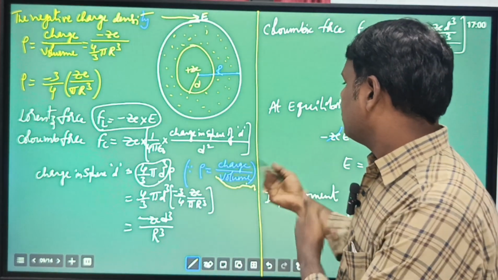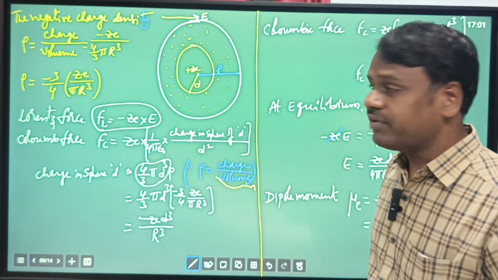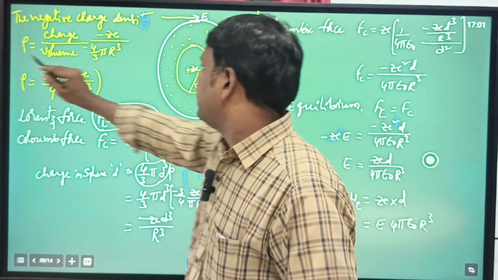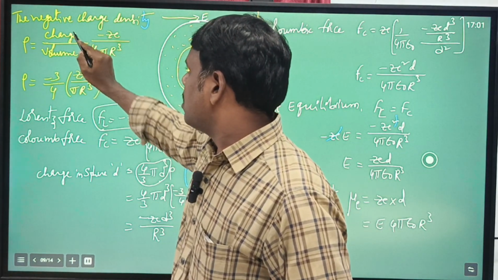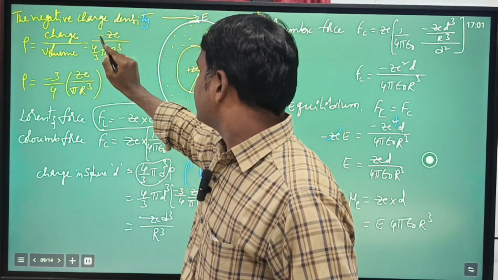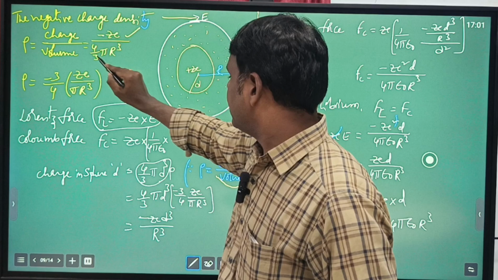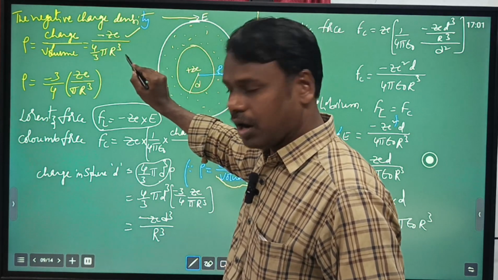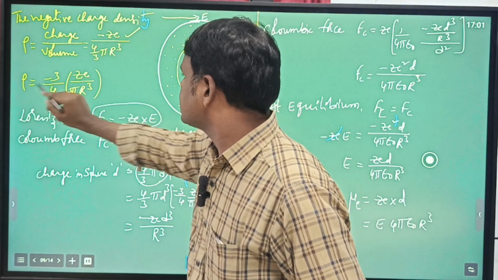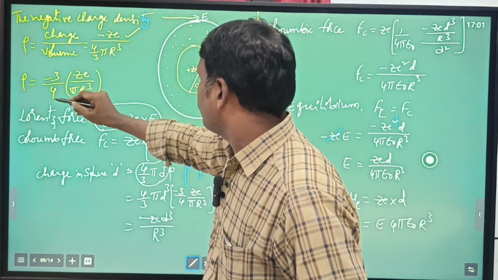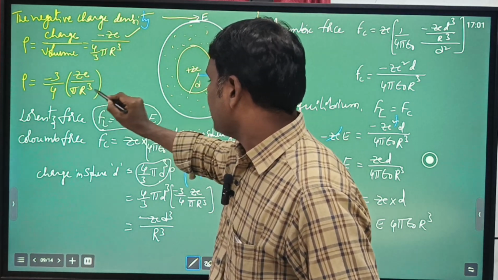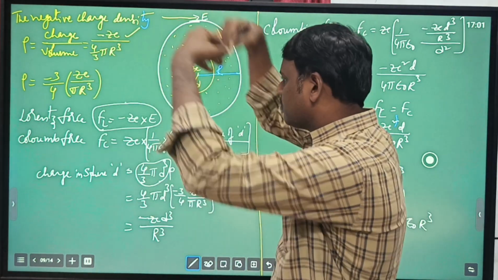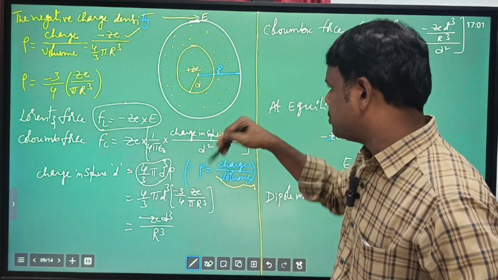How can we get the negative charge density of the sphere of radius r? Density rho is equal to charge per unit volume, and the charge is minus Ze divided by 4/3 pi r cube. From this, rho is equal to minus 3 by 4 into Ze by pi r cube, and the same term is substituted here.